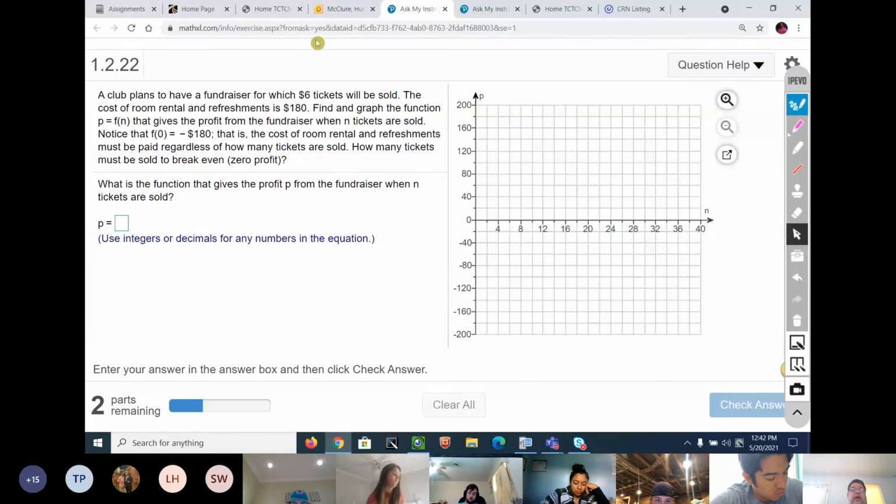Find and graph the function P equals f of n that gives the profit from the fundraiser when n tickets are sold. Notice that f of 0 is equal to negative 180. That is, if you rent the room and nobody shows up, you're out 180 bucks. Okay, how many tickets must be sold to break even?